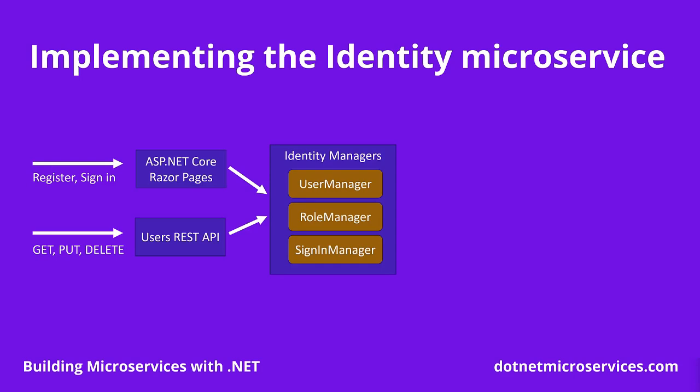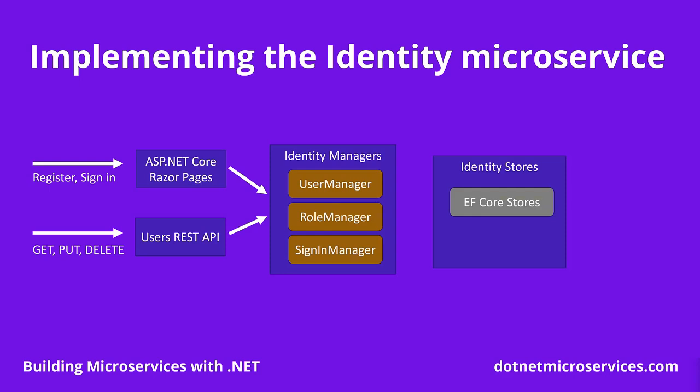These identity managers interact with what we call identity stores, which are concrete data access implementations to interact with a specific data store provider. ASP.NET Core Identity comes with built-in stores based on the Entity Framework Core Object Relational Mapper, which by default is configured to store data in a SQL Server database.